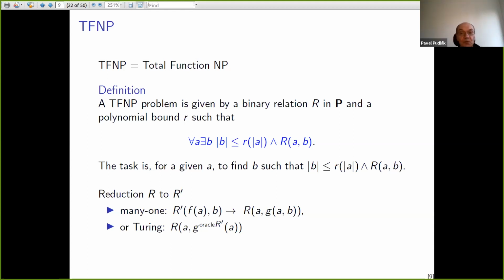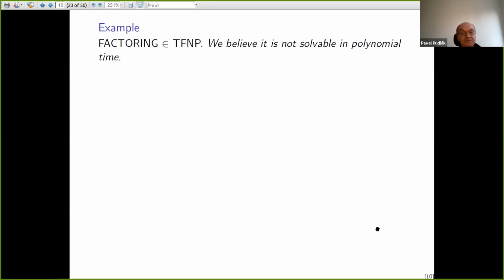Anyway, we have a class and we have reductions, and then we can ask whether there is a complete problem. But let's just take an example so that we are sure that this concept is not empty, that there are probably total function NP problems that are not solvable in polynomial time. Because if everything is solvable in polynomial time, then everything will be reducible to everything, so then there will be a complete problem.